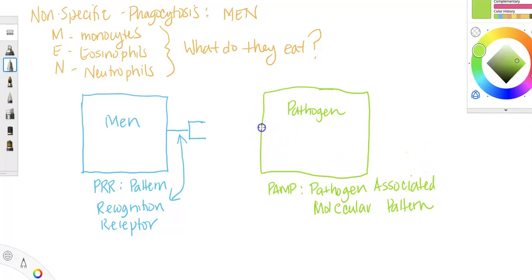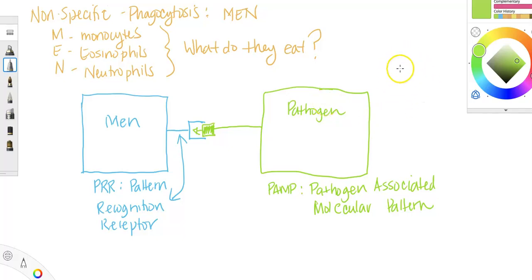And it's kind of like that. So it fits in this little receptor thing. So that's what the men are looking for. And they go and they clamp onto this pathogen associated molecular pattern, sorry. And when it does that, then it is able to engulf this thing and eat it.